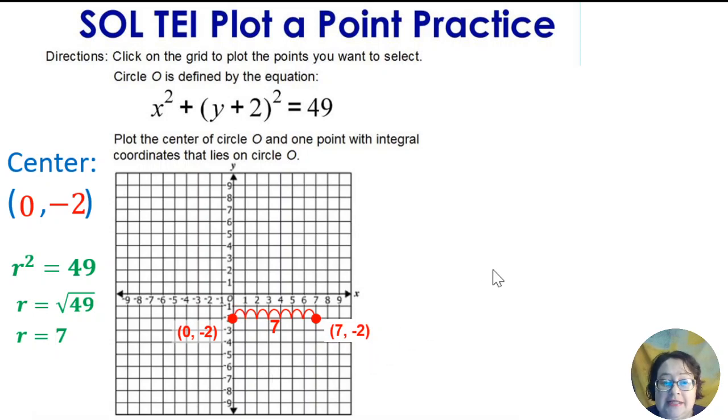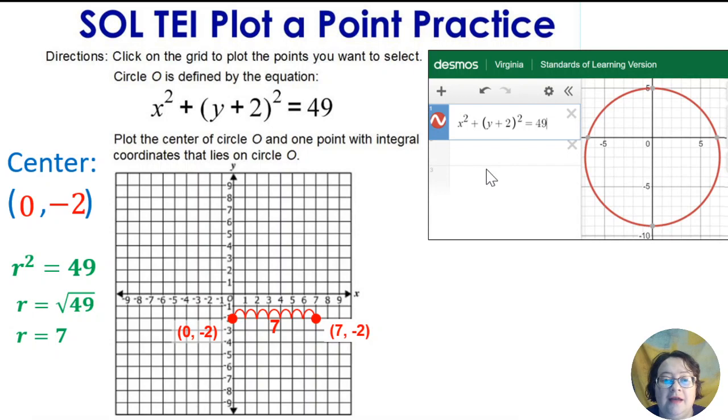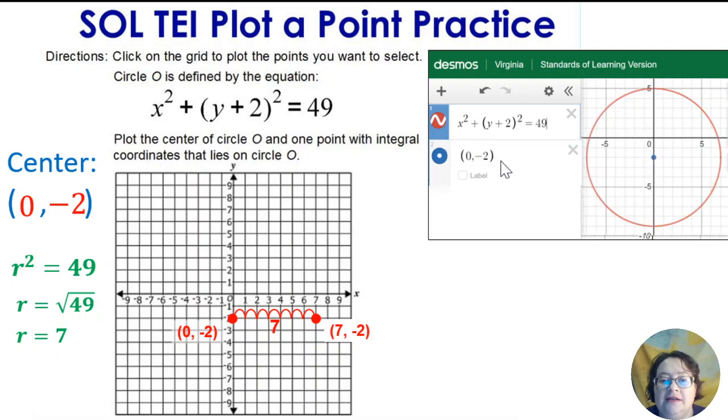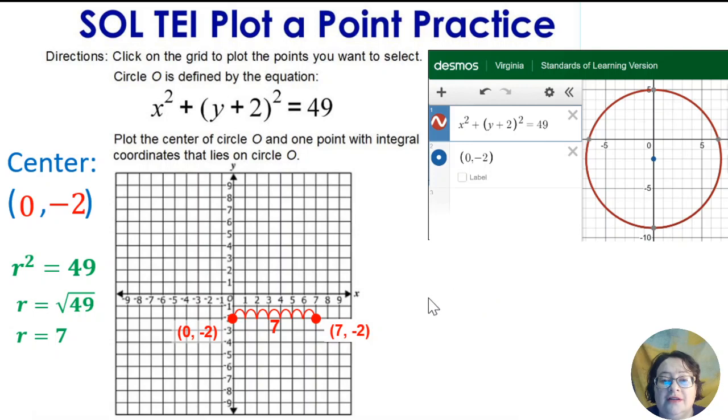Another way you could do this is to plot it in Desmos. So I'd write out my equation in my first box here. And I'm going to find my center, which is (0, -2), and I'm going to plot that as well to make sure that I have that right, and I do. Then what I can do is I can actually put my mouse on the circle, and as I do that, it's going to give me some points.